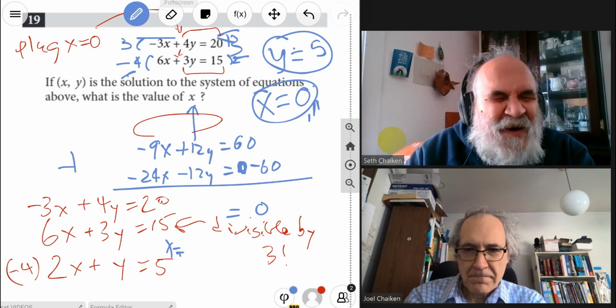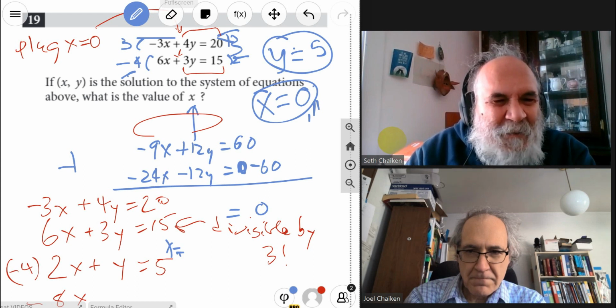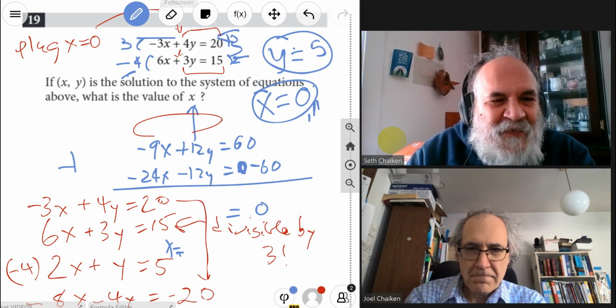Multiply this equation by -4. And we get minus 8x minus 4y equals minus 20. And then you add these two equations, and we get 0. 20 plus minus 20 equals 0.